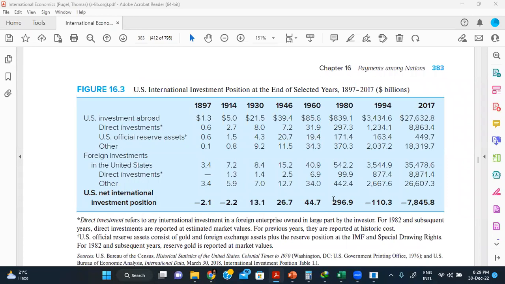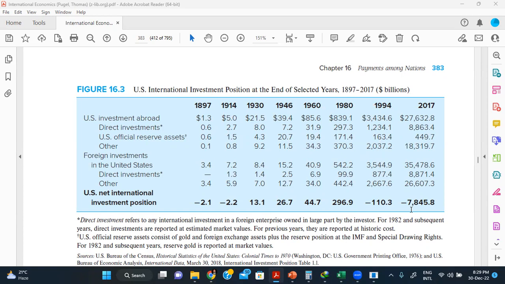But we see that just after 1980, in 1994, the US again turned back to a net debtor position, or negative net credit position. And you see the latest one for 2017, the figure is extremely big.